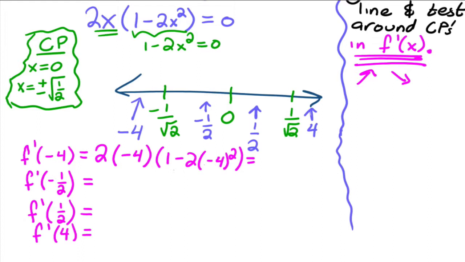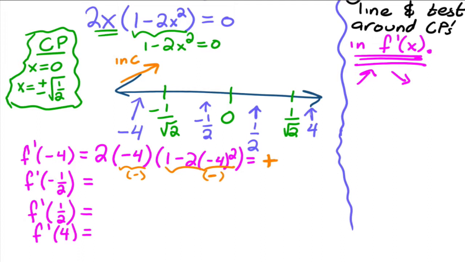Notice that this inside is going to be a negative number, and here we have one more negative number. So this is going to end up being a positive number. I don't even need to calculate what number that is. I just need to know whether it's positive or negative. So since it's positive, that means that the function is increasing on this interval up to negative 1 over root 2.